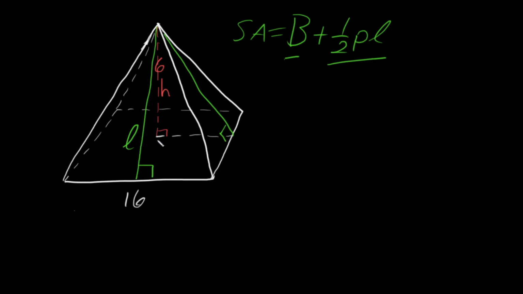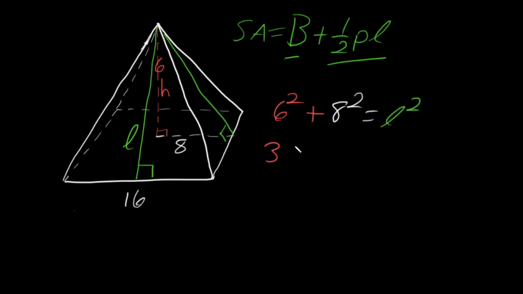And in order to get that, we must remember that this ends up being the exact center of the square. So therefore, this length here is exactly 1/2 of our base length. Therefore, we have a measure of 8. Now we can use the Pythagorean theorem to solve for the hypotenuse. 6 squared plus 8 squared equals our slant height squared.